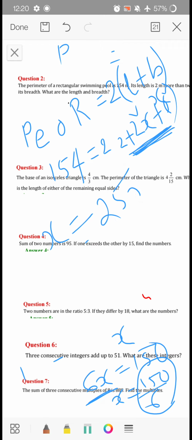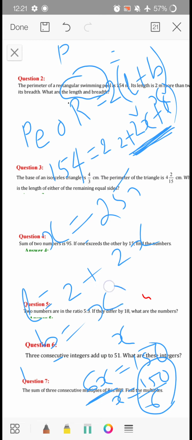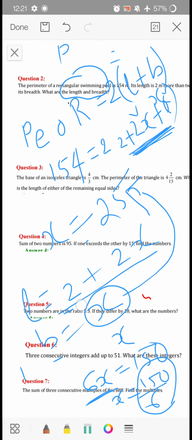Now this is not your final answer, because read the question. They have asked about the length and breadth. We know that the length is 2 plus 2x and breadth is x. So you can say that your breadth is 25 meter, but the length you need to find out by putting the value of x in this.